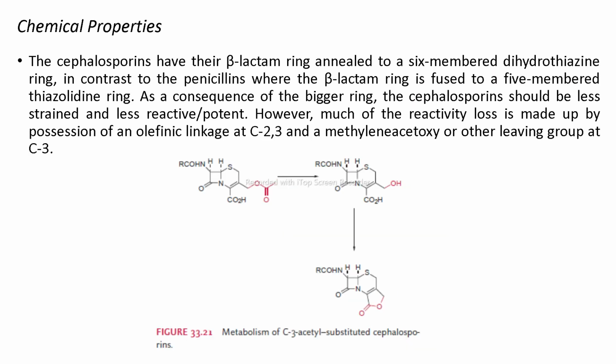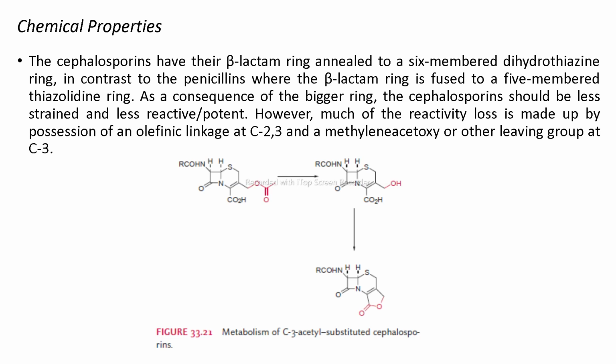Regarding the chemical properties, the cephalosporins have their beta-lactam ring annealed to a 6-membered dihydrothiazine ring. In penicillins, we have covered that the beta-lactam ring is fused with the thiazolidine ring. But in cephalosporin, the beta-lactam ring is fused with the dihydrothiazine ring.